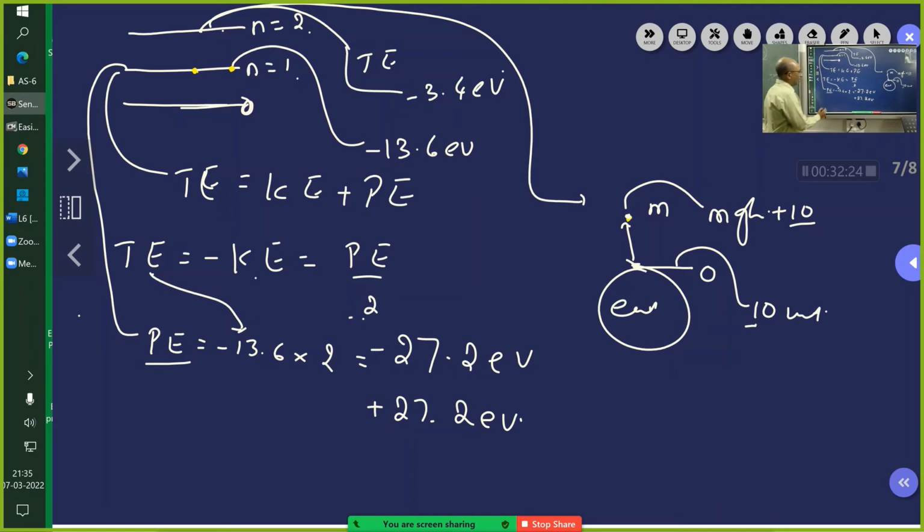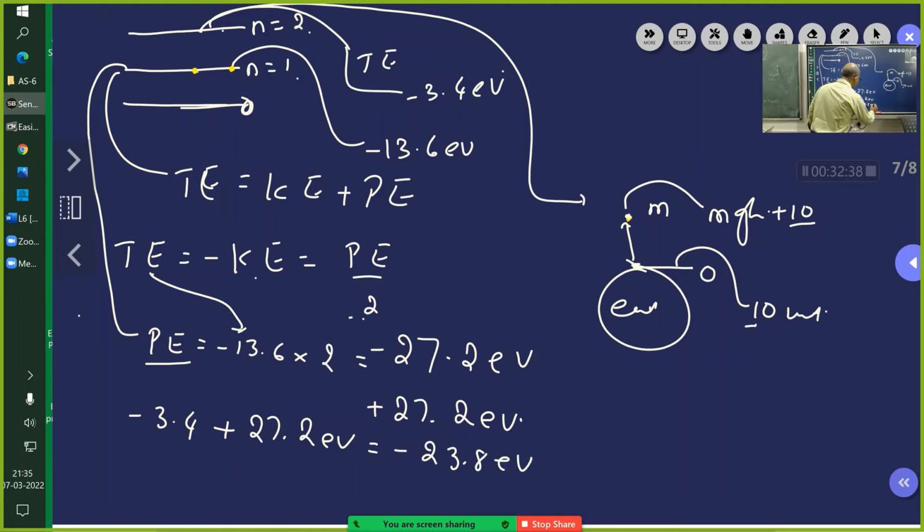So it is minus 3.4 plus 27.2 electron volts, that is 23.8. Minus 23.8 electron volts. This is the total energy. Understood? This is a simple mechanism. You should know what potential energy is, then you can solve this problem.